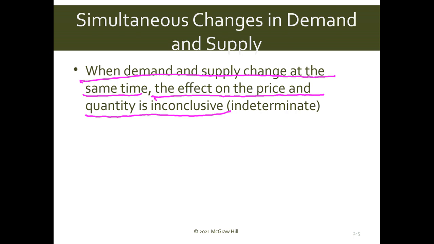It is not possible that when two curves are shifting at the same time, you can be certain what would happen to equilibrium quantity and equilibrium price. Yes, you are sure of either equilibrium price or equilibrium quantity, but the other component must be indeterminate because you don't know the actual magnitude of these shifts.